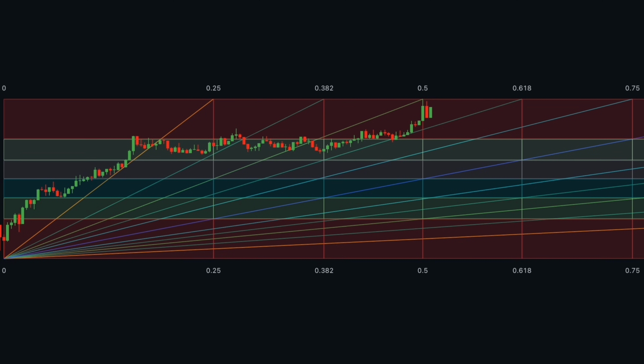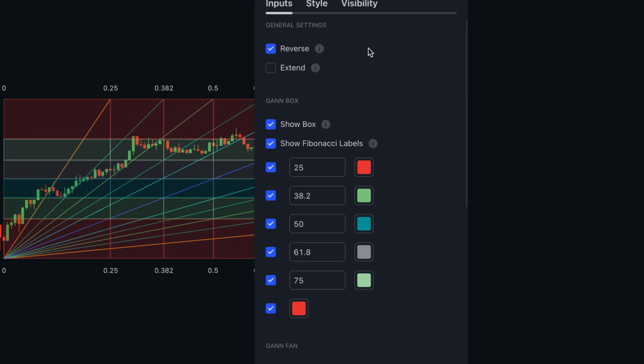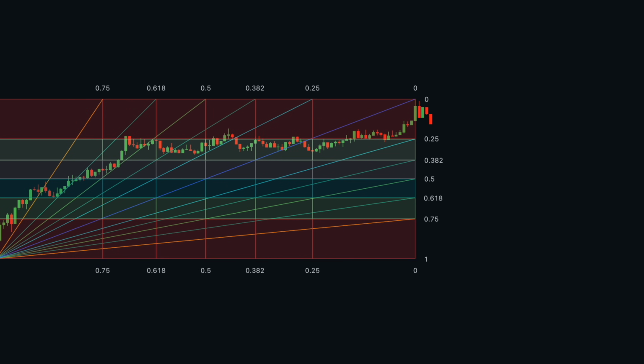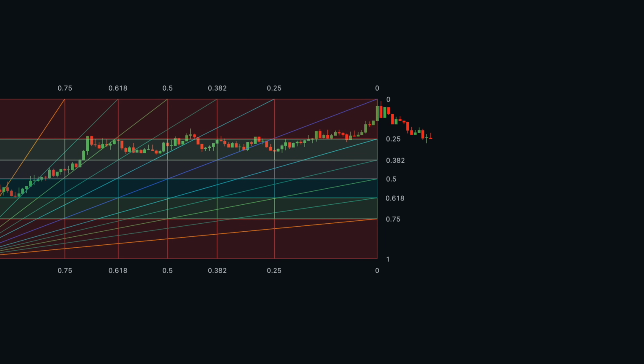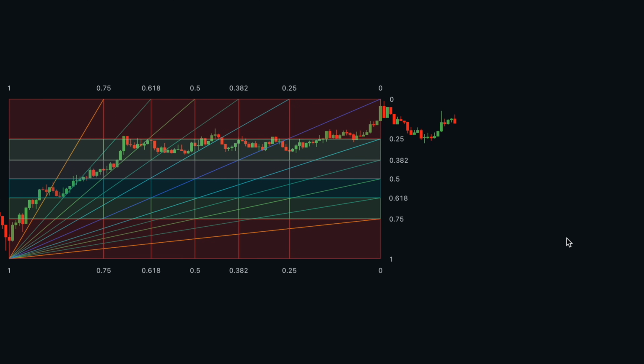Advanced features allow extending the box into the future for predictive analysis and reversing its orientation for alternative viewpoints. Using a Gann angle to forecast support and resistance is probably the most popular way they are used. This technique frames the market, allowing the observer to read the movement of the market inside this framework.